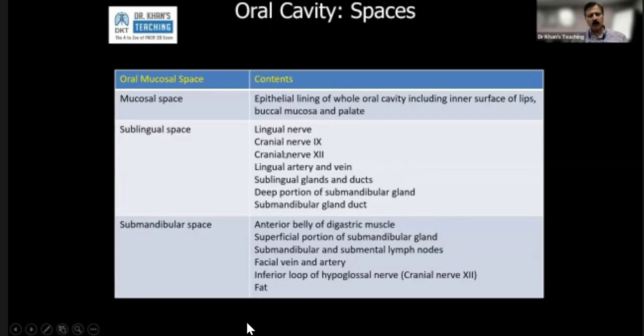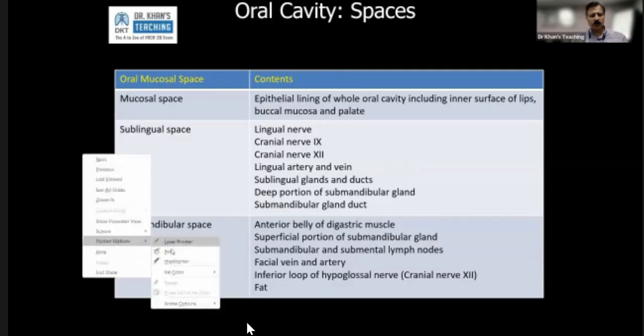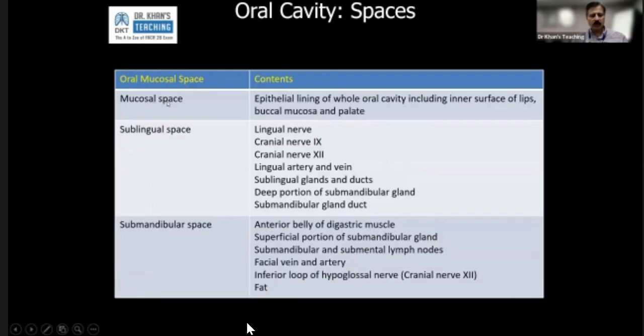Now, the oral cavity is made up of various spaces, and you should have a clear-cut idea about this concept, because the differential diagnosis will change according to that. One is the mucosal space, which is the lining of the oral cavity, which is clinically evident.